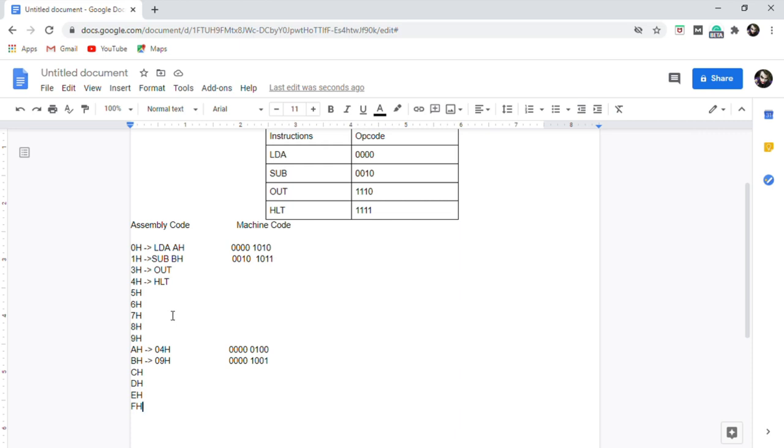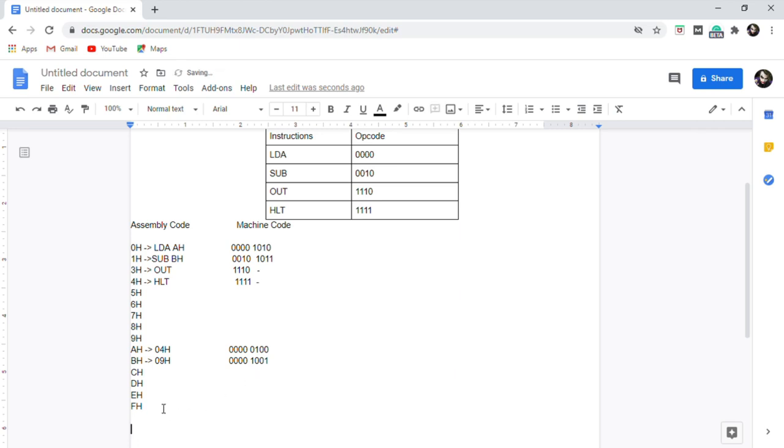Then after the output is generated by, we have forgotten where to write. So this will load the actual data, then we need to generate the output. So the opcode of OUT is 1110. Then it does not contain any address, so we are going to leave it blank. Then after, opcode of HLT is 1111. This also does not have any address.